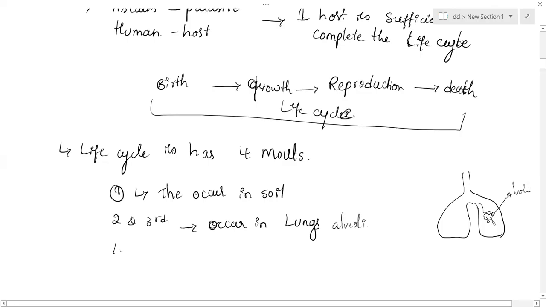And the last, fourth molt occurs in the intestine of a human.